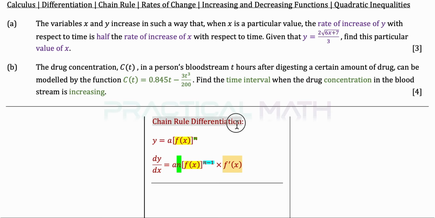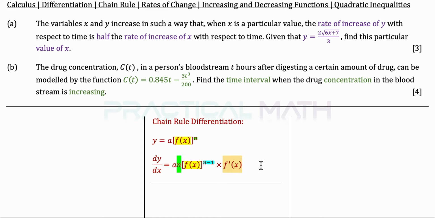By chain rule differentiation, if y is equal to a bracket f of x to the power of n, your dy over dx will therefore give us a times n, where this n comes from the power. Bring down the power n, multiply by f of x to the power of n minus 1, then multiply by the differentiation result of what's within the bracket, in this case f prime of x.